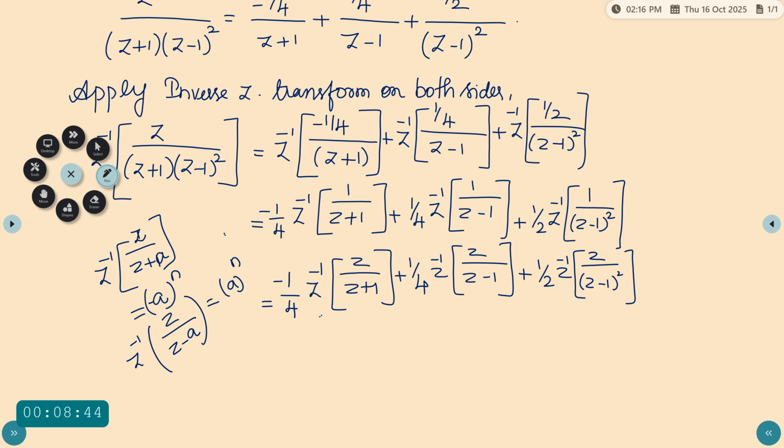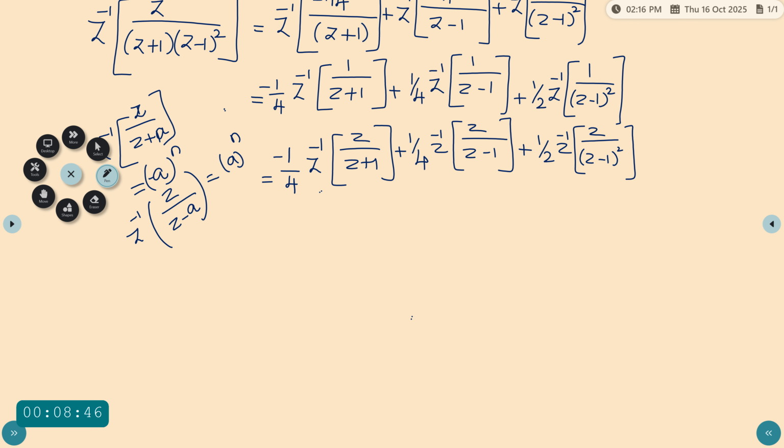Finally we are getting the answer, which is equal to minus 1 by 4 into Z inverse of Z by Z plus 1, minus A power n, A is 1, plus 1 by 4 into, here A is 1, so plus A power n, plus 1 by 2 into Z inverse of Z by Z minus 1 the whole square, the formula value is n.